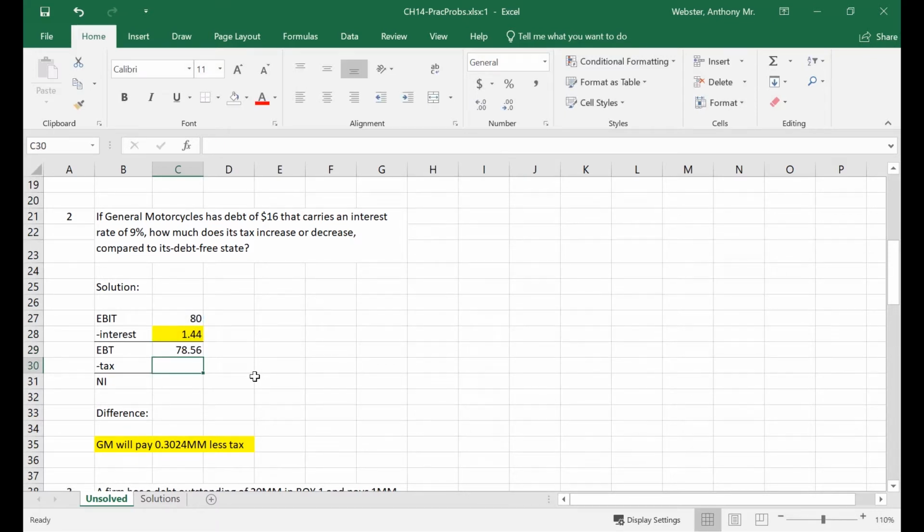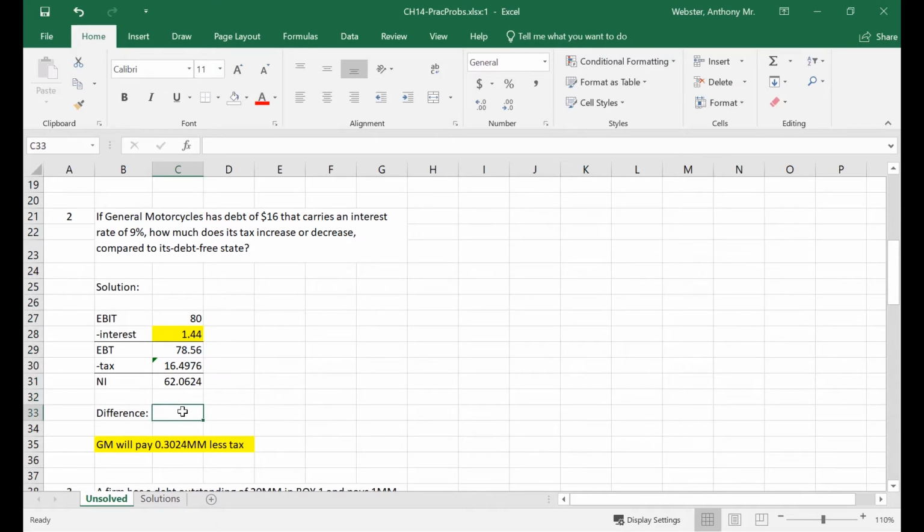So that's 78.56. And now the tax is 21% of EBT. So we'll say 21% times our EBT, and that's 16.4976. And once again, let's go ahead and get the net income, which is our EBT minus our tax, just to complete the income statement.